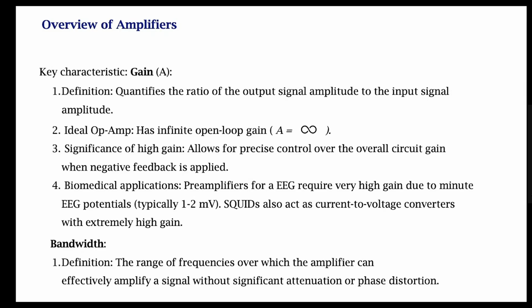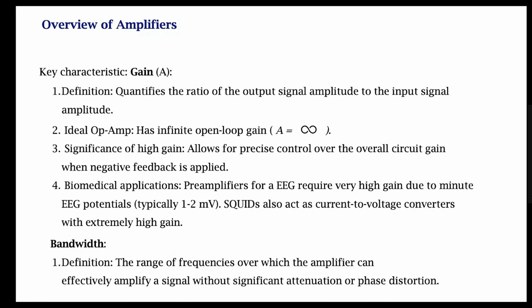For example, we can have high gain, low noise amplifiers in a situation like EEG, because the EEG signals are of the order of microvolts. Or we can also use current to voltage converters that can have extremely high gain.